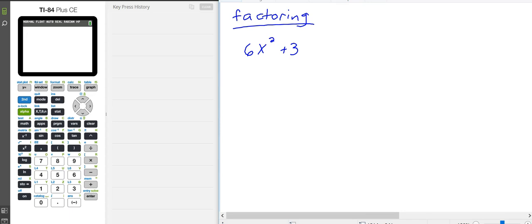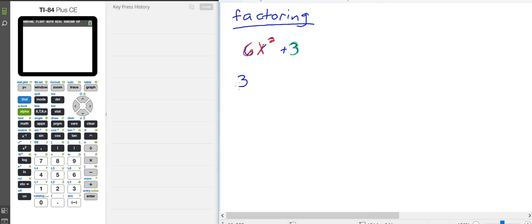Let's see. Each of these, the 6x squared, this is a monomial, and the 3 is another monomial. If we find something that 6x squared and 3 are both divisible by, we can pull that out. Let's try that. 6x squared and 3 are both divisible by the number 3.